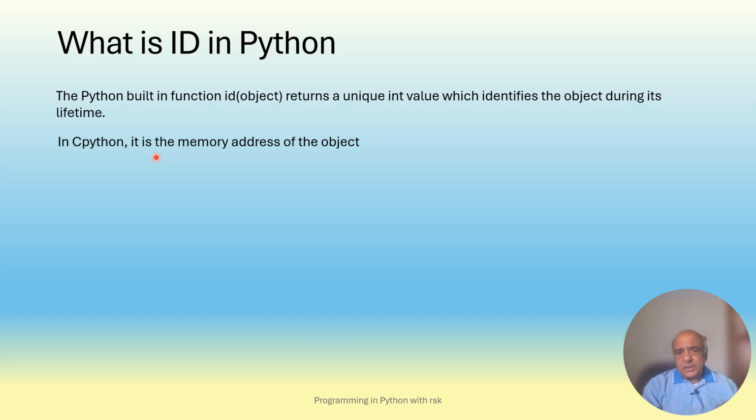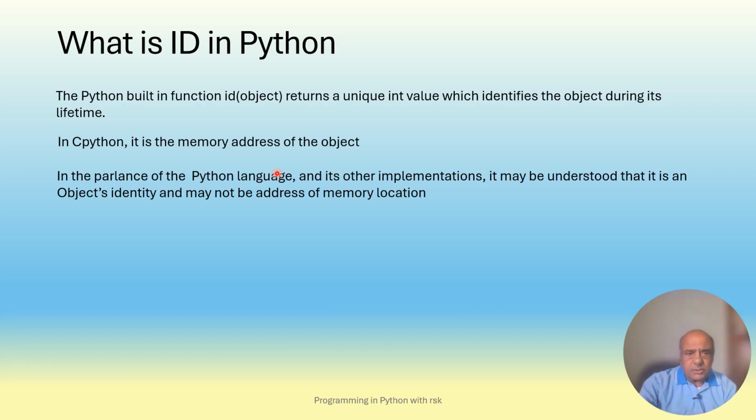What is this ID in CPython? It is generally the memory address of the object. Whenever any object is created, it is created in memory. In CPython only, an object's ID may be the memory address of the object, but that is not true for Python as a language.